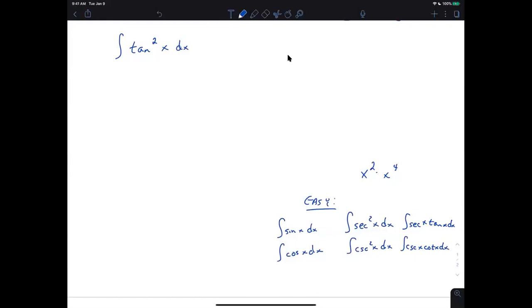But cosecant by itself or cotangent by itself, those are not as easy. It's not like they're impossible, but it's not just you have a formula. And so we're not as used to messing with it.